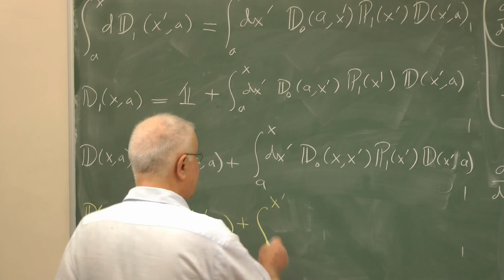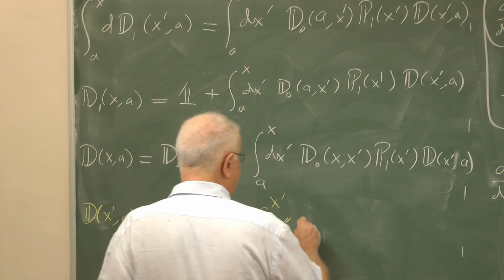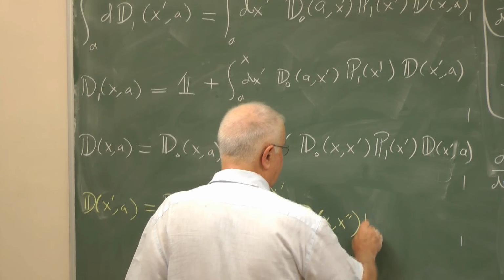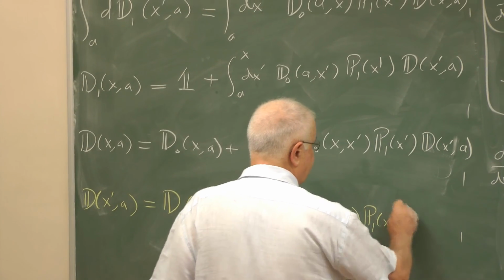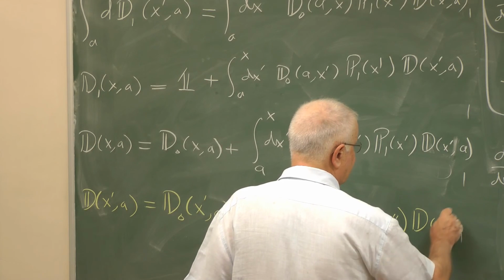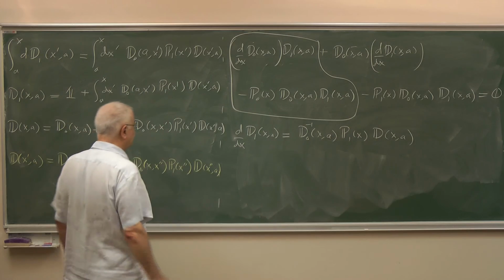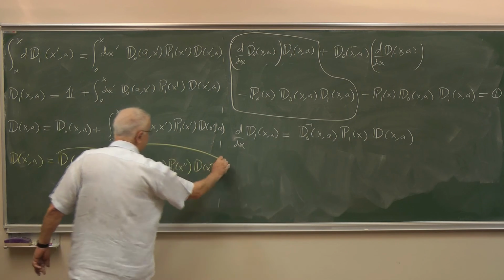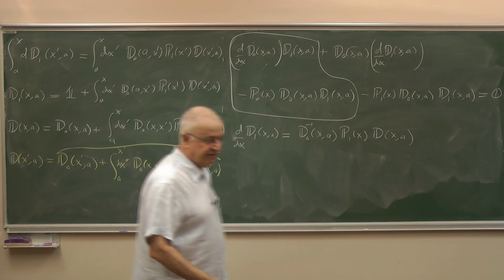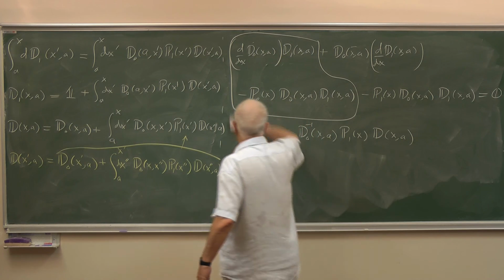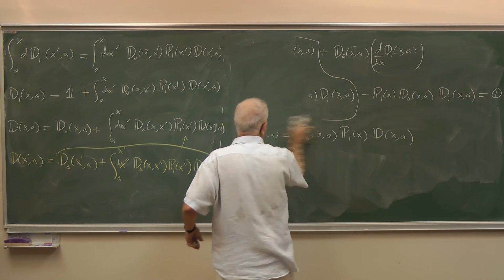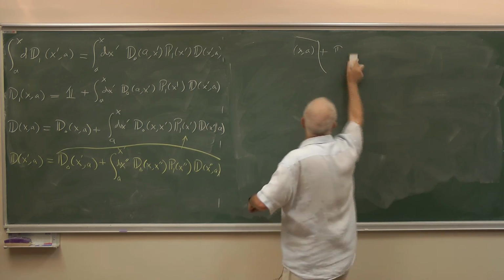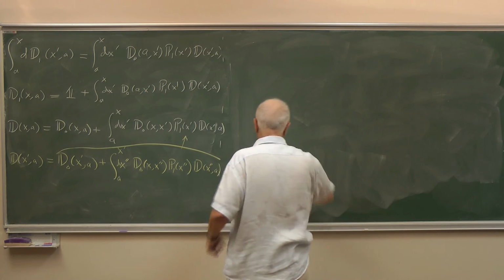It's a dummy variable anyhow. dx double prime, d0 of x double prime, p1 of x double prime, d of x double prime a. Now, substituting this in here, what do I get? There is actually a much simpler way of approaching this problem, but that is for the next 10 minutes or so.